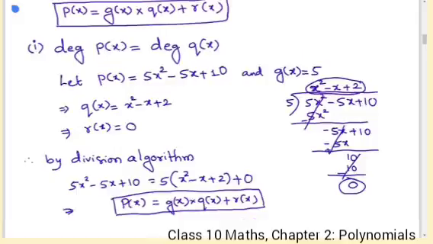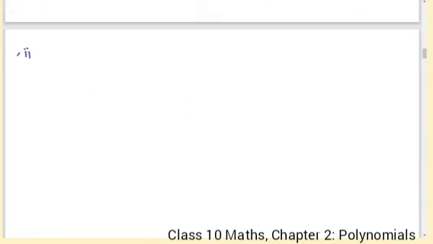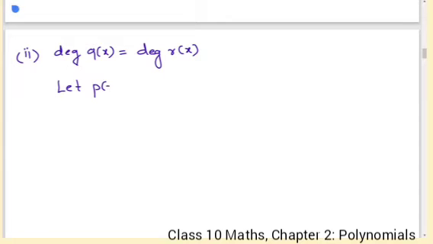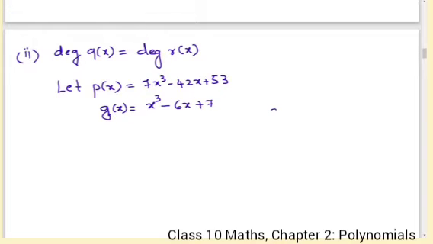Now second one, degree of q of x is equal to degree of r of x. For this question, let us consider p of x equal to 7x cube minus 42x plus 53 and g of x as x cube minus 6x plus 7.